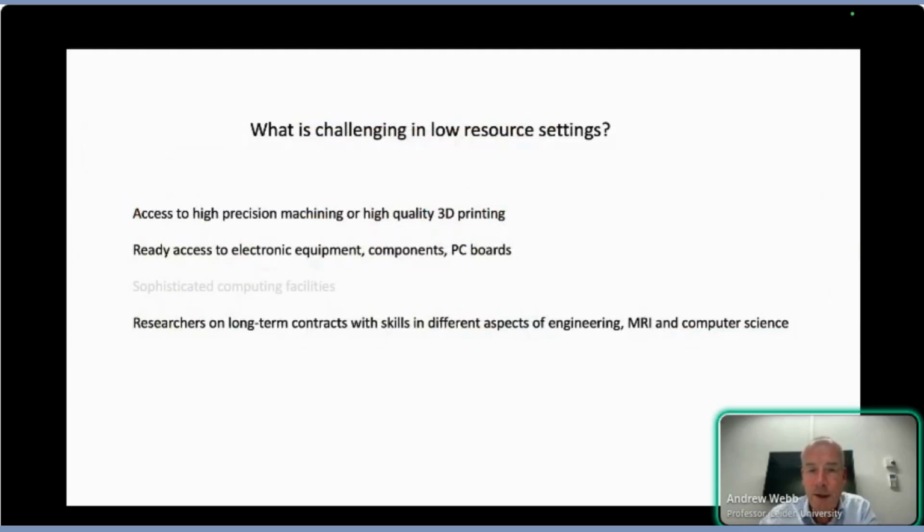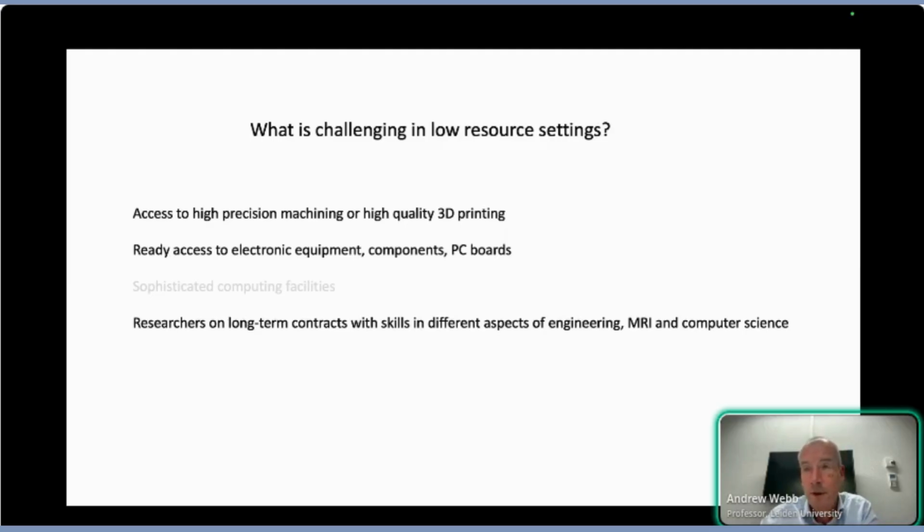So coming back to this list that we had, at the moment, the designs that we are producing mean that we have to have access to high precision machining, electronic equipment able to be ordered relatively quickly, and a lot of people with these skills.